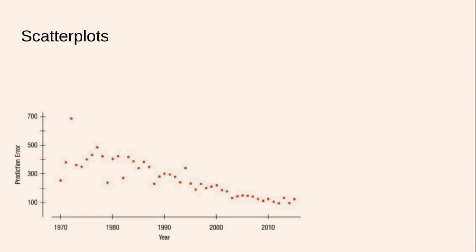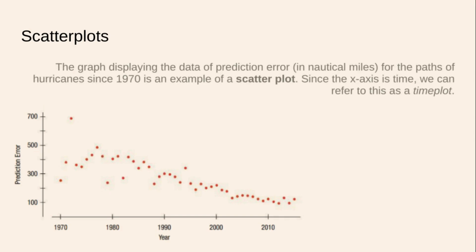Let's look at scatterplots. The graph displaying the data of prediction error in nautical miles. By the way, those are different than land miles. Only the British could get away with this. Anyway, the graph here displaying the prediction error for the paths of hurricanes since 1970 is an example of a scatterplot.